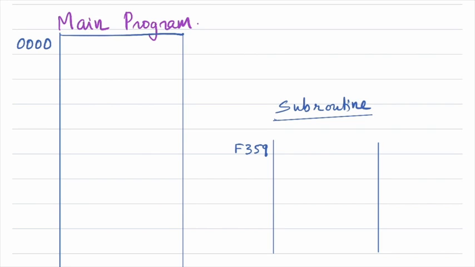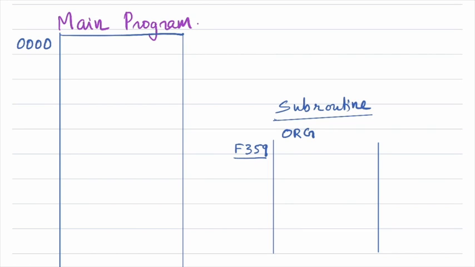This is just a random memory location. So you don't need to worry where exactly you are writing the subroutine, which part of the memory you are writing the subroutine. That will be taken care by the IDE itself. So I'm just writing this memory just for explanation purpose. You can also use the org assembler directive to initialize this location of the code memory.